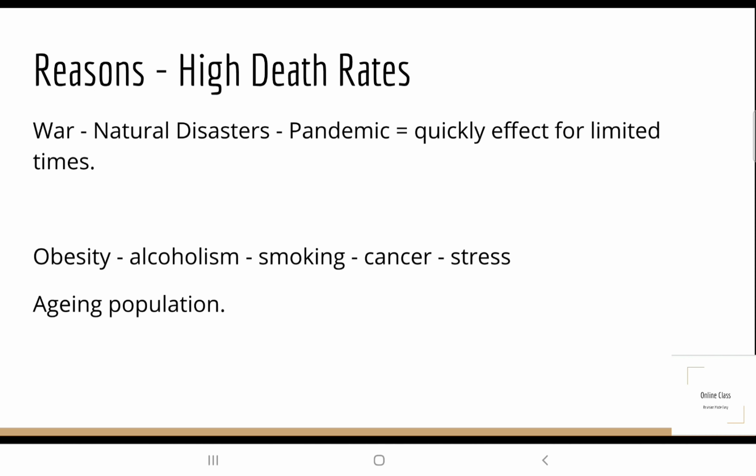Wars start and they end, but while they are ongoing, there's a high death rate. The same with natural disasters. And as we've recently seen in 2020, the coronavirus pandemic has a very quick effect. It increases death rates very quickly, but only for a limited period of time.